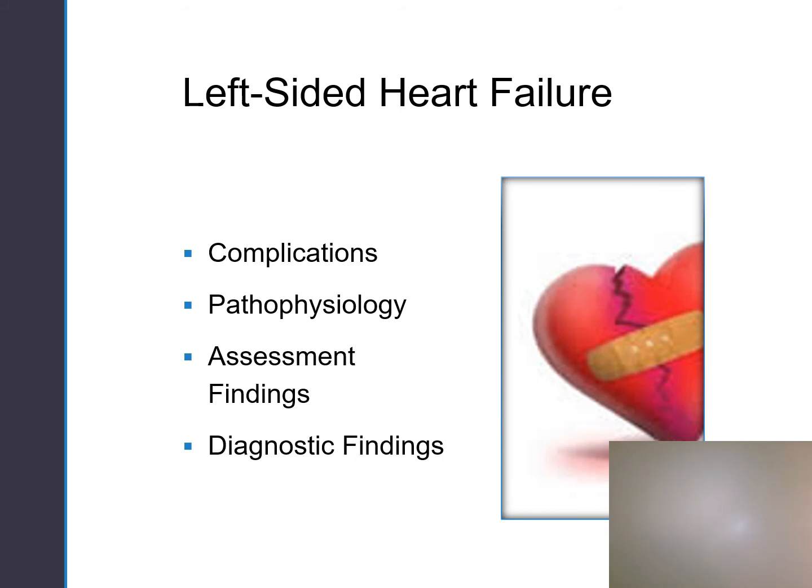A rapid pulse or irregular pulse, elevated blood pressure, cough, blood in the sputum, moist crackles, urine output is diminished. And with acute left-sided heart failure, we'll see pulmonary edema, hypoxia, restlessness, and confusion.